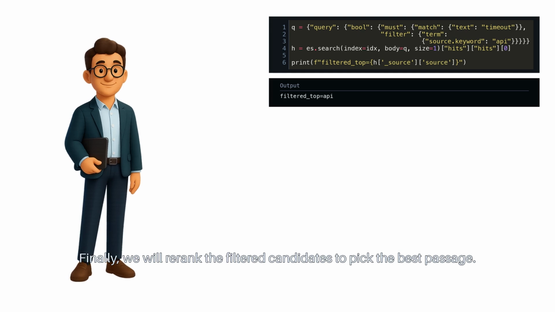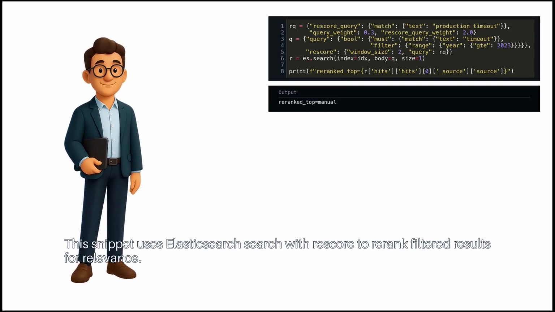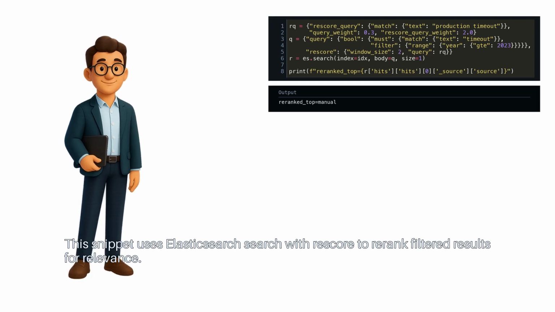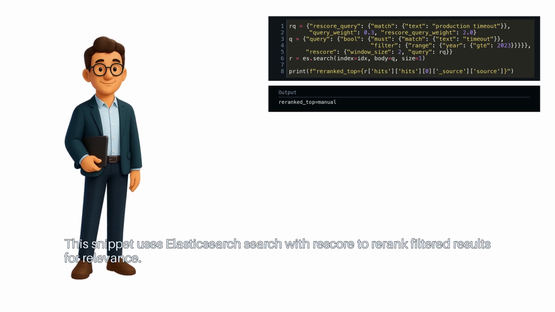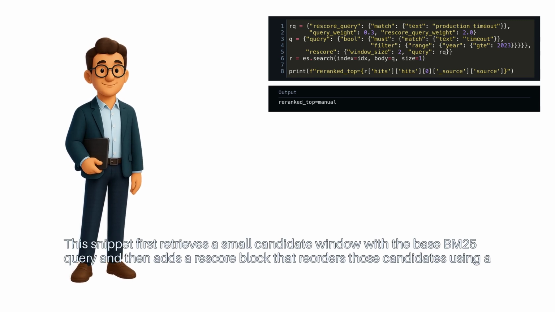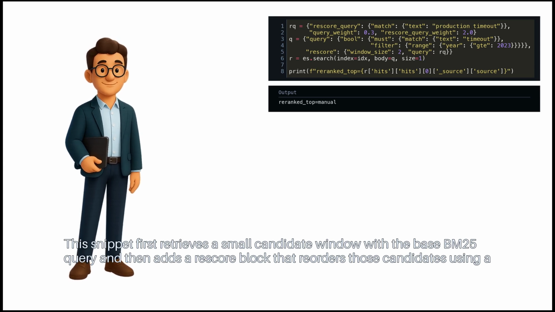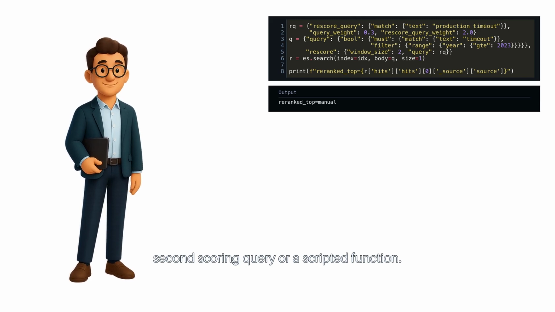Finally, we will re-rank the filtered candidates to pick the best passage. This snippet uses Elasticsearch search with rescore to re-rank filtered results for relevance. It first retrieves a small candidate window with the base BM25 query and then adds a rescore block that reorders those candidates using a second scoring query or a scripted function.